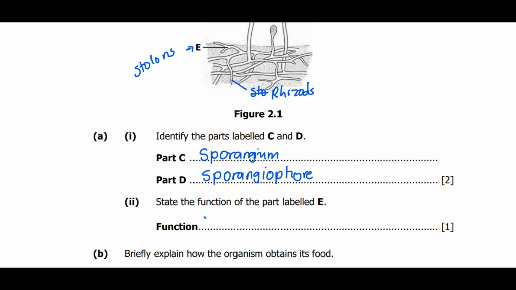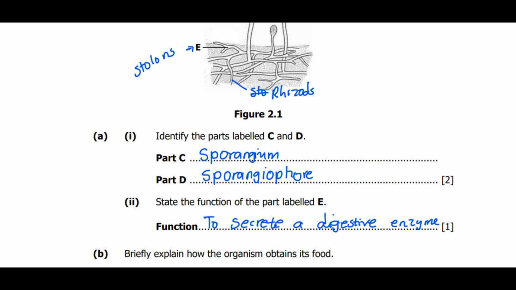So the function is to secrete a digestive enzyme. You can say to secrete, to release, to produce an enzyme. The key point is the release or production of an enzyme.